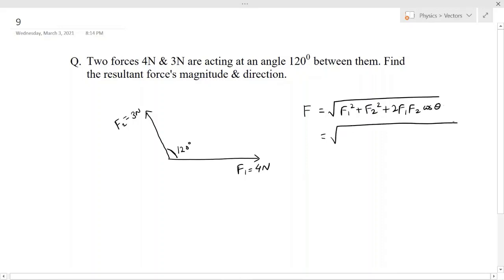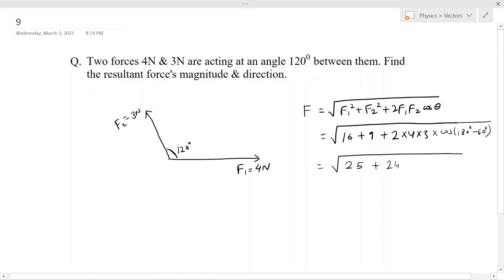So this becomes square root of F1 square is 16, F2 square is 9, plus 2 into 4 into 3 into cos theta. So what is theta? Theta is 120 degree. I can write cos of 120 degree as cos of 180 degree minus 60 degree. So this becomes square root of 16 plus 9 is 25 plus 2 into 4 is 8 and 8 into 3 is 24 into cos of 180 minus 60, which will be minus cos of 60.